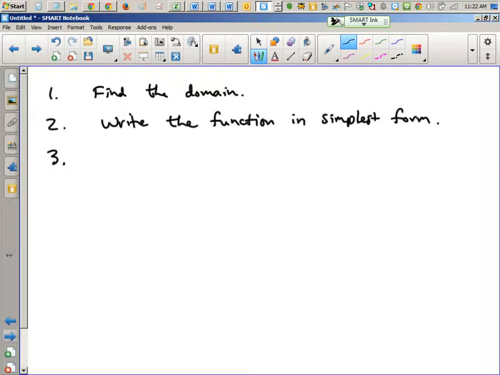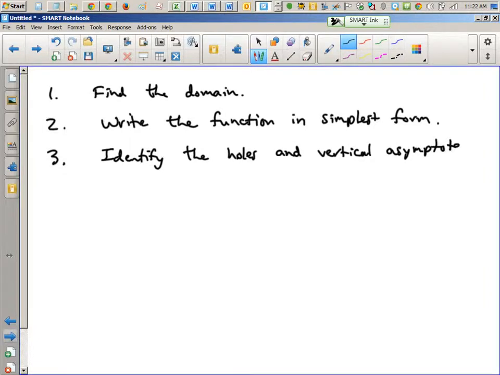The third step is identify the holes and vertical asymptotes. The fourth one is find the horizontal asymptote, or there might be a slant asymptote.